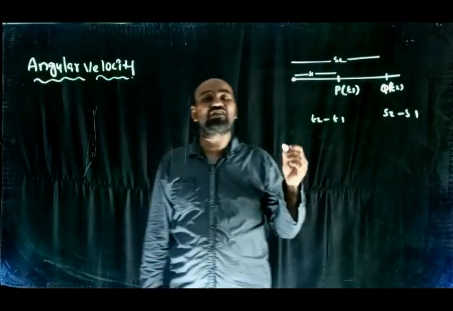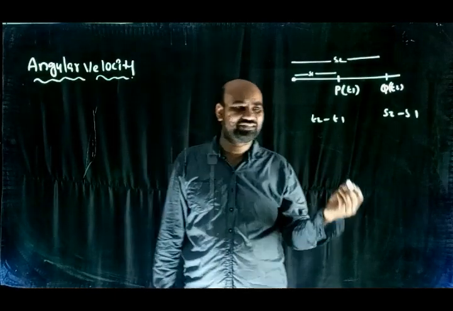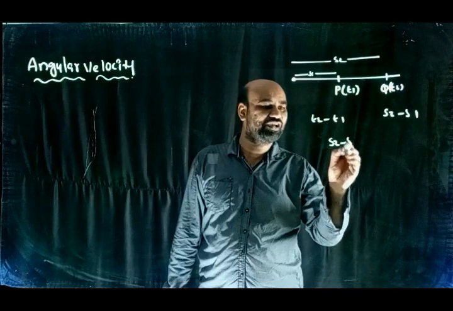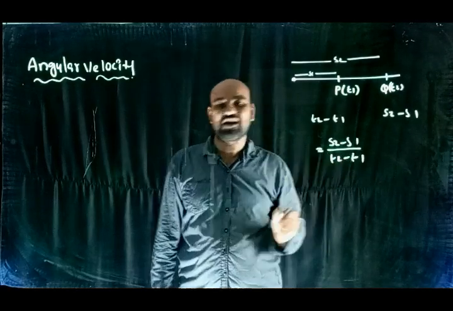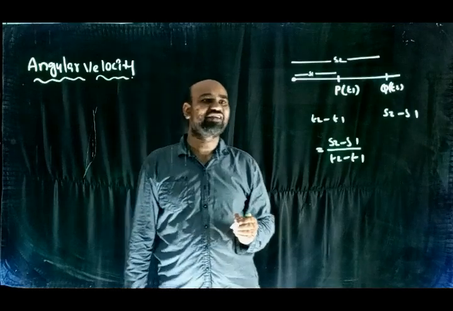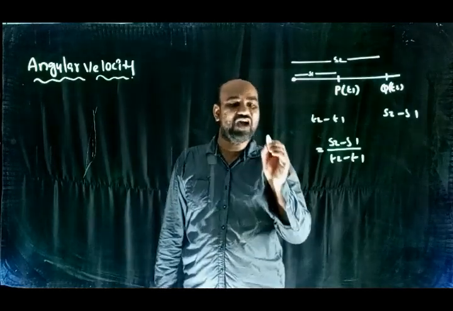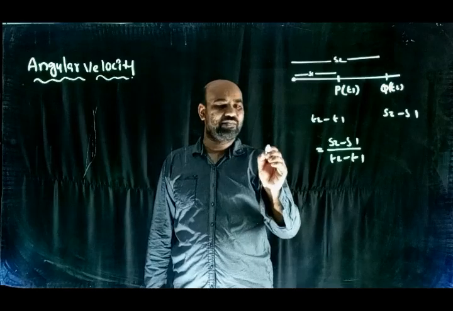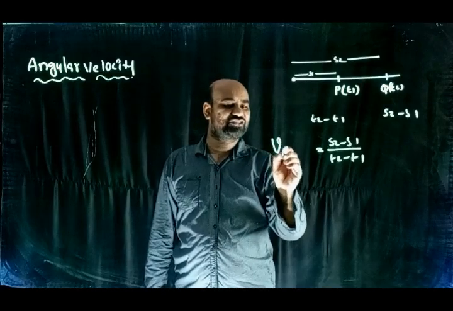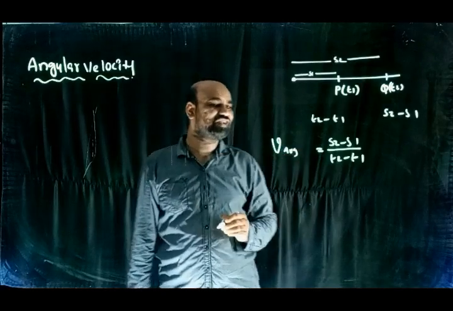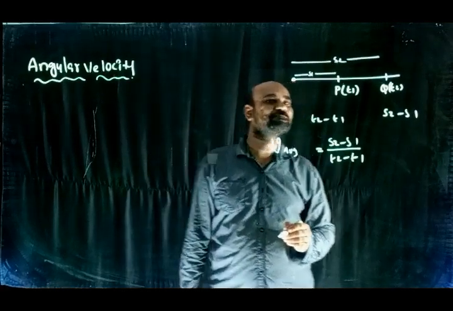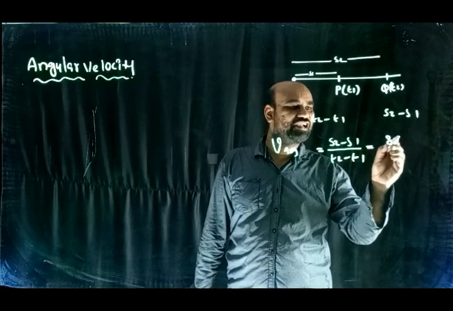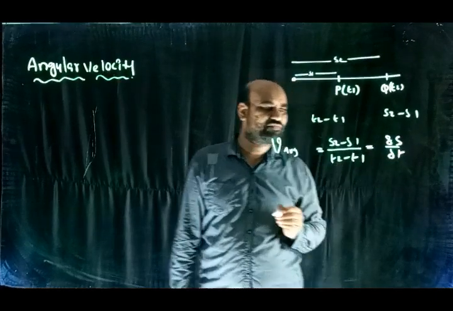I want to find the average rate of change of displacement, that is s2 minus s1 by t2 minus t1. This is called the average velocity of the particle, V average. Symbolically it is written as delta s by delta t.